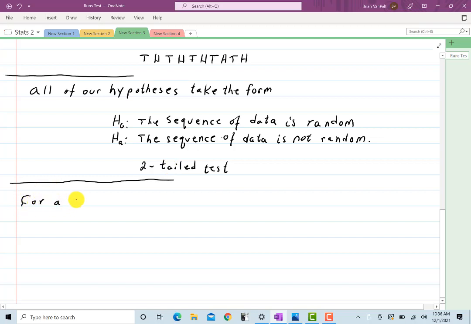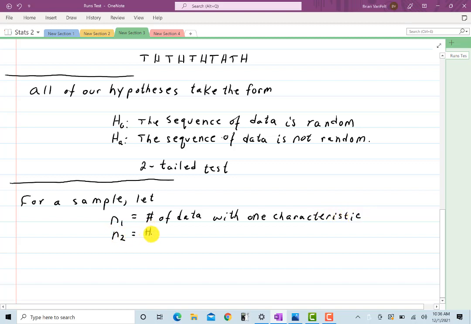For a sample, let n sub 1 equal the number of data with one characteristic, and then n sub 2 is the number of data with another characteristic.